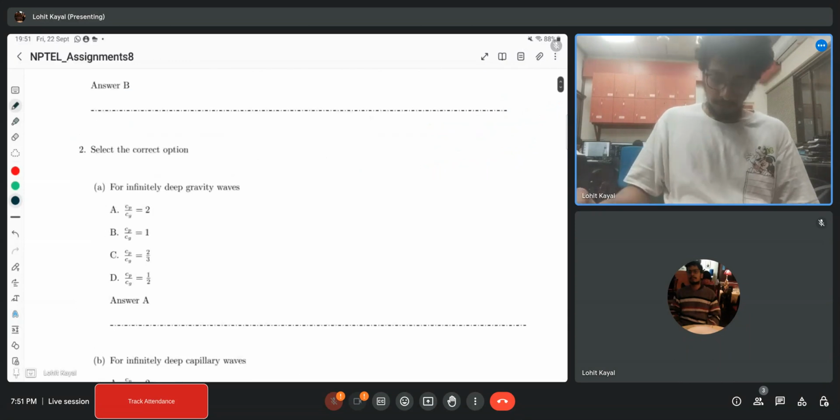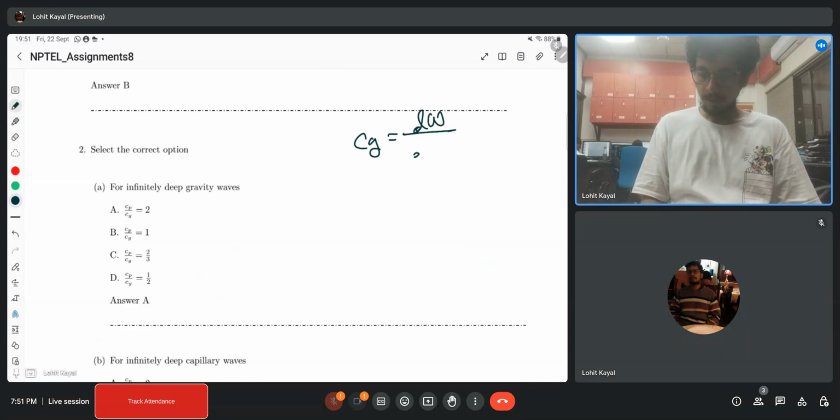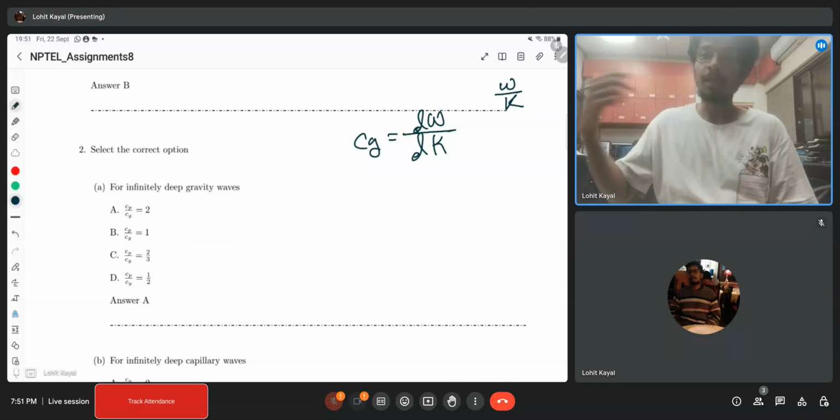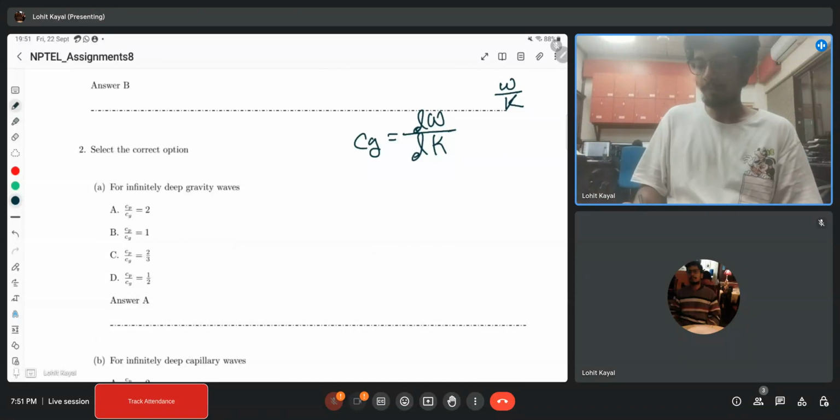Now this question is for infinitely deep water. What is the formula for Cg? Cg is d omega dk. You can see the derivation; it comes from going from omega by k to d omega by dk because we are considering many waves which have differences in frequency and wavelength.